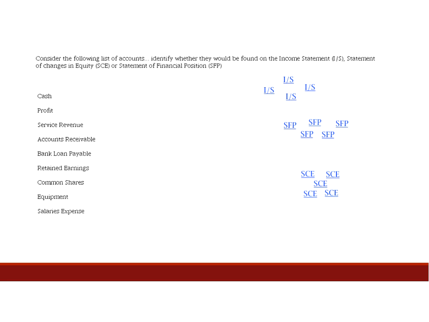Okay, so let's do a brief exercise here just to ensure that we sort of understand this concept. So let's look at the following list of accounts, and all we want to do right now is identify what statement we would see this category on. Either the income statement, statement of changes in equity, or the statement of financial position. So if we think back to those three examples, we saw this thing called cash.